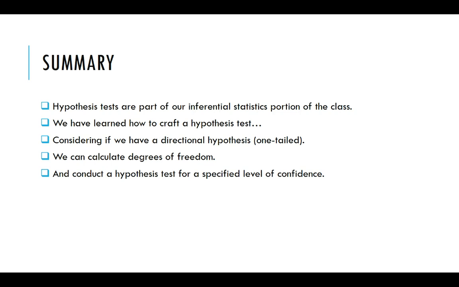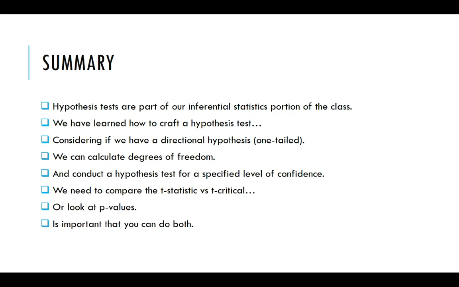Now, we haven't learned how to plug it into the computer yet, but that's not the hard part. We understand that we need to compare the t-statistic, the hurdler, to the critical t, the hurdle, or we can look at p-values. But as I said, it's important that you understand both, that you can do both.